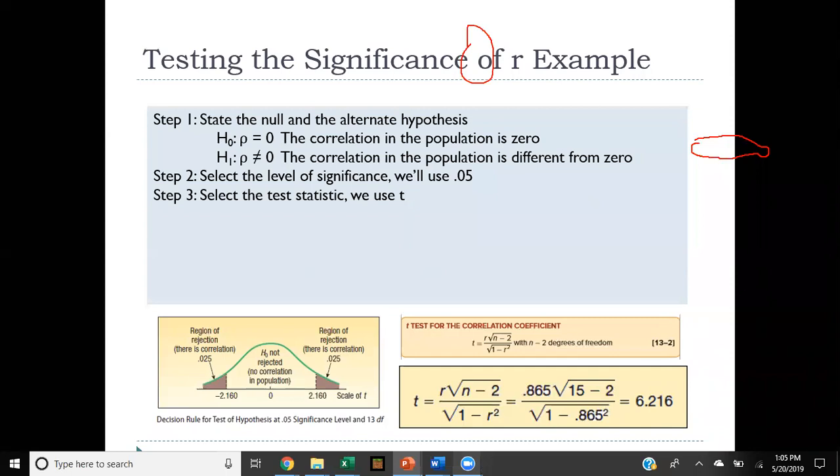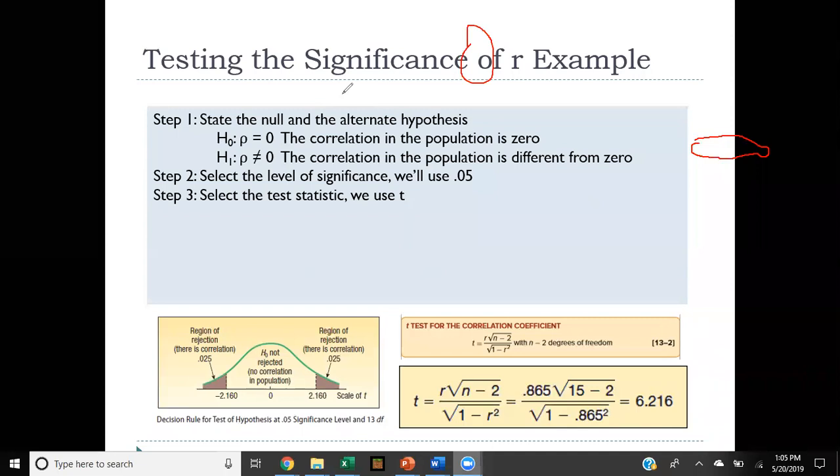Let me write this down on the screen. When you go into your table here, you need to know your confidence interval. You need to know your degrees of freedom. The degrees of freedom are based on the number of variables that you're looking at. In this case, we're looking at two variables. I'll pull out my pen.